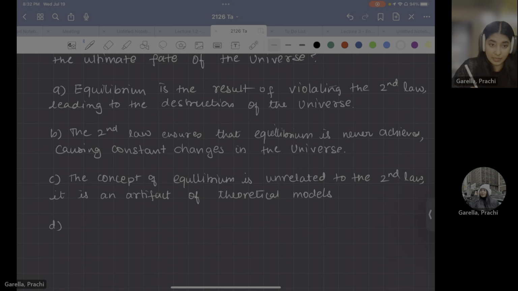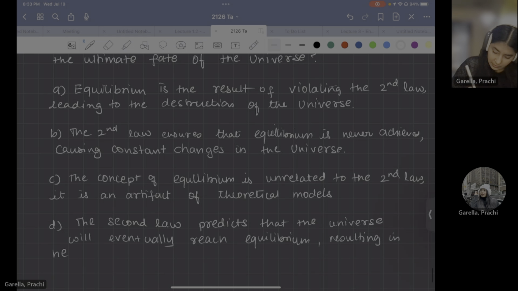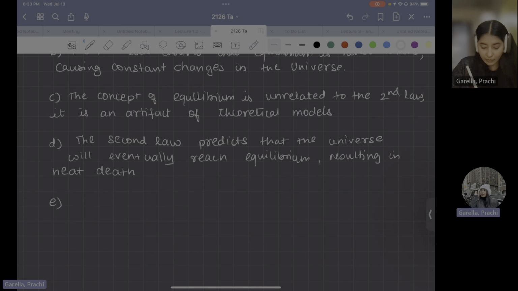Part D says the second law predicts that the universe will eventually reach equilibrium, resulting in heat death.